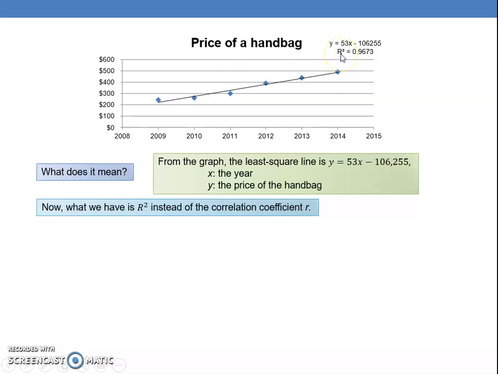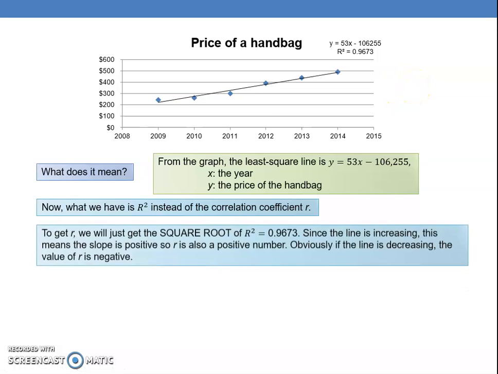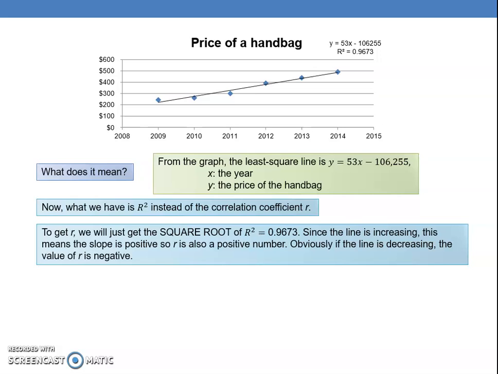So instead of R-squared, remember that small letter r is the correlation coefficient. To get the r, all we have to do is get the square root of R-squared. Currently your R-squared here is displayed as 0.9673. Since the line is increasing, this means that the slope is positive, so r is also a positive number, the small letter r. Obviously if the line is decreasing, the value of r will be negative.